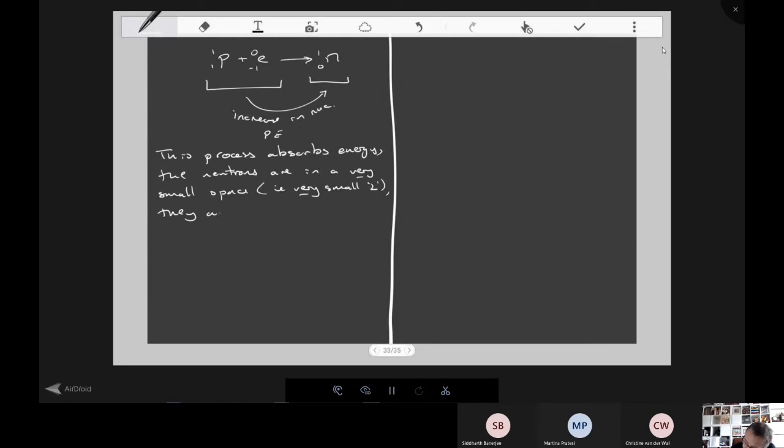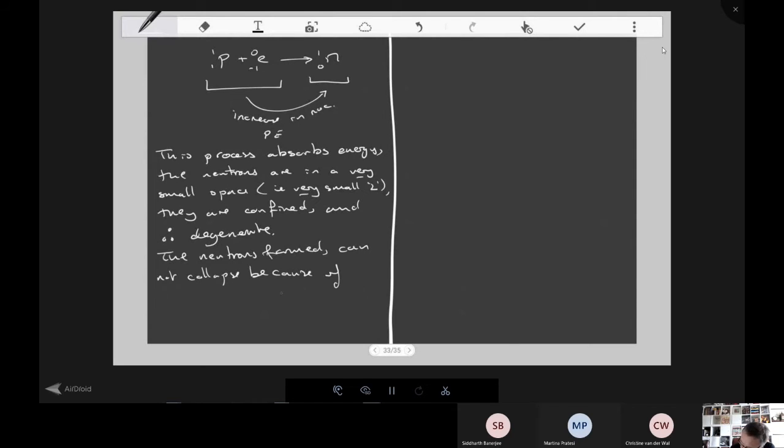They are confined, and therefore degenerate. The neutrons formed cannot collapse because of degeneracy pressure.